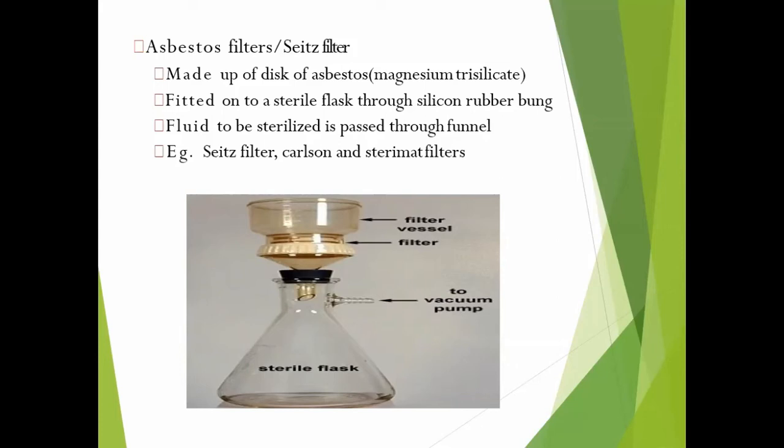This is an example of the asbestos filter, and we can see in the picture many parts: a sterile flask, a vacuum pump, and a filter vessel. Hopefully you will understand this slide.